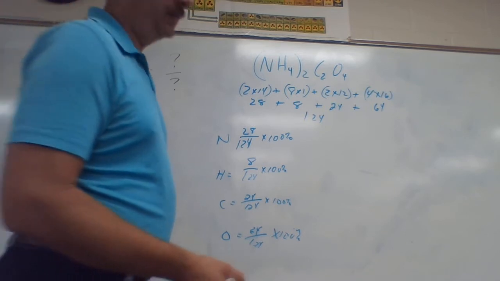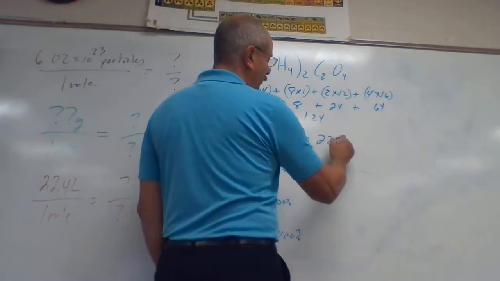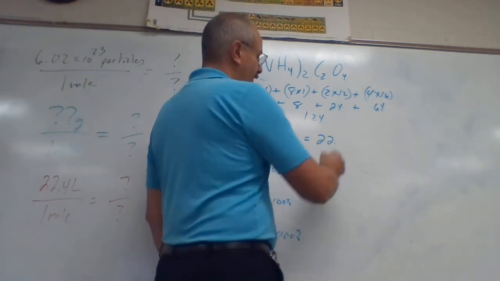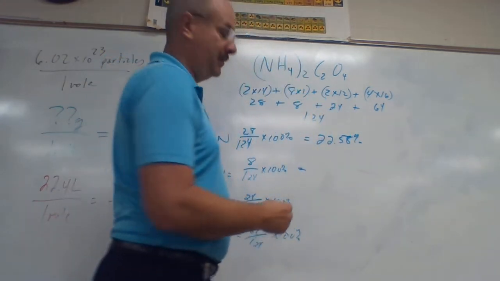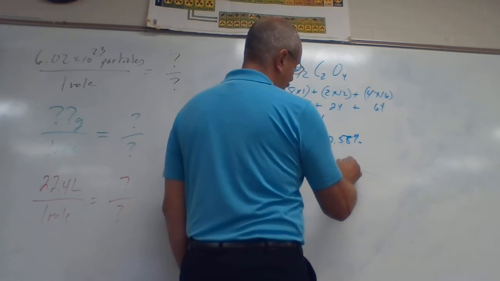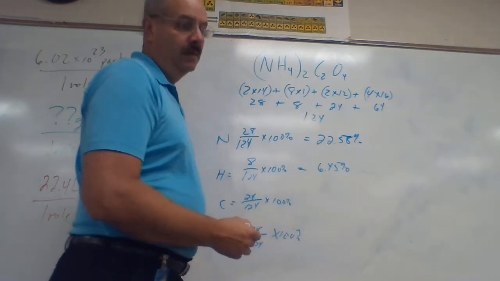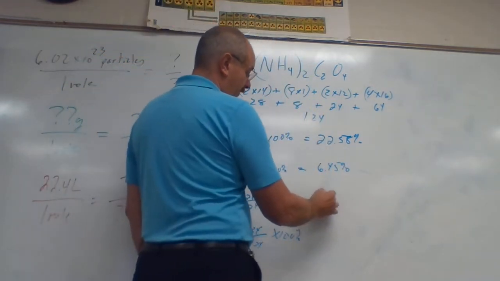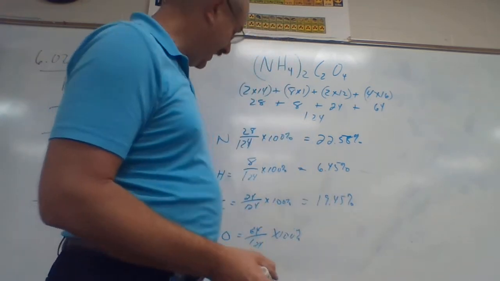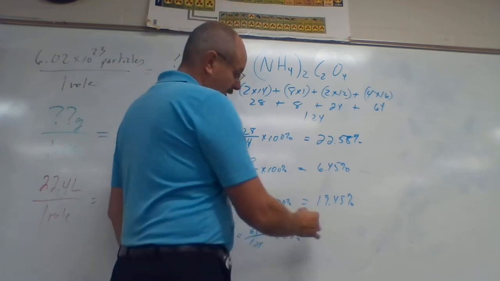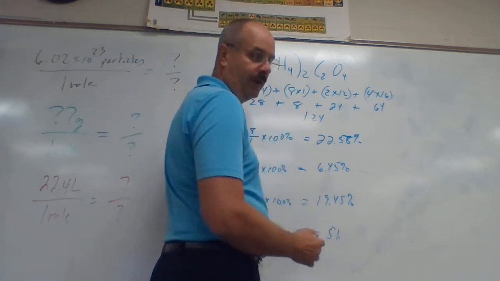So, I'll multiply and divide. The first one's going to be 22.58%. Hydrogen supplies 6.45%. Carbon is 19.45%. And the oxygen at the bottom supplies the most, 51.61%.